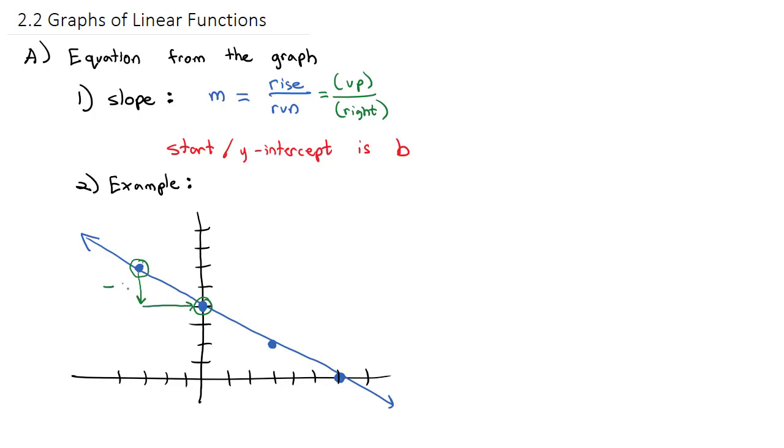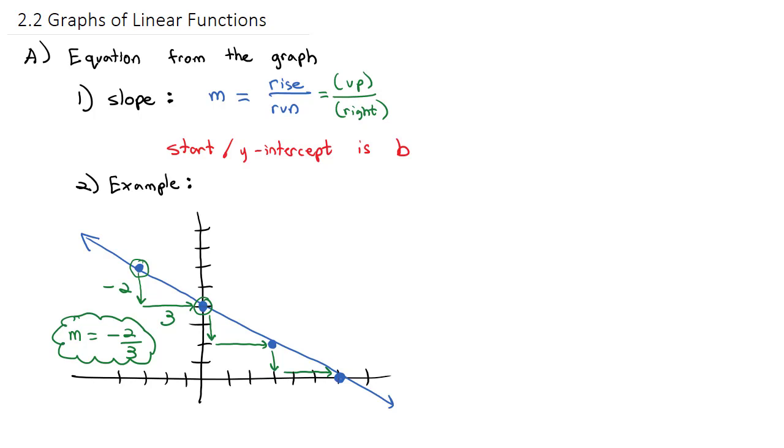Now, because I went down, we'll call that a -2 rise and a run of 3. Notice that's going to be consistent. It's always down 2 over 3, down 2 over 3. It doesn't matter which points I pick for that. So that's going to tell me that my slope is down 2 over 3, or -2/3.